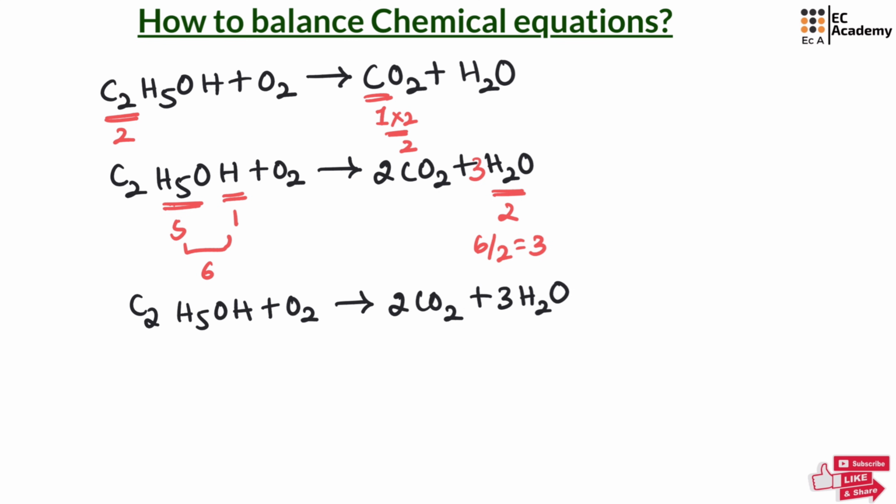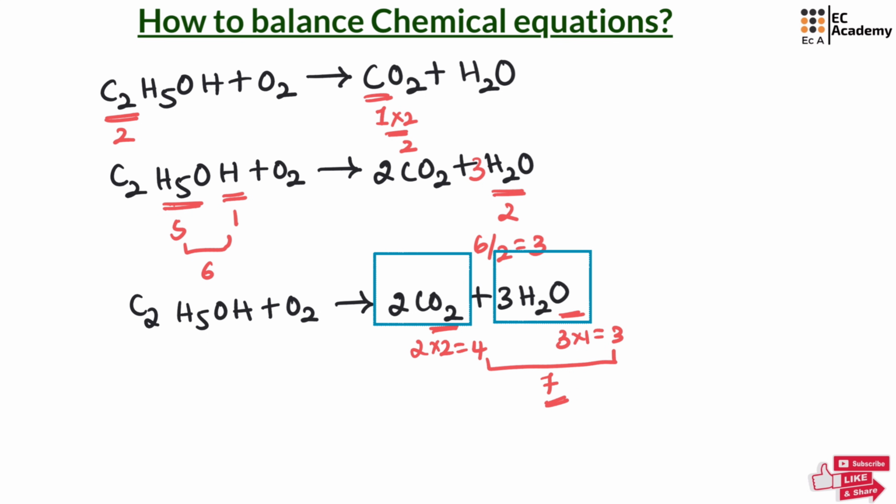Now hydrogen atoms are balanced. Now let us balance oxygen atoms. Now count oxygen atoms on the right side. In 2CO2, 2 into 2, that is 4 oxygen atoms. In 3H2O, 3 into 1, that is 3 oxygen atoms. Total oxygen atoms are 4 plus 3, that is equal to 7 oxygen atoms. But ethanol contains 1 oxygen atom.